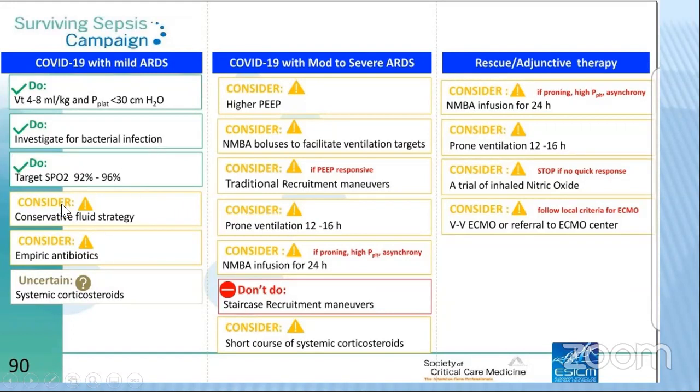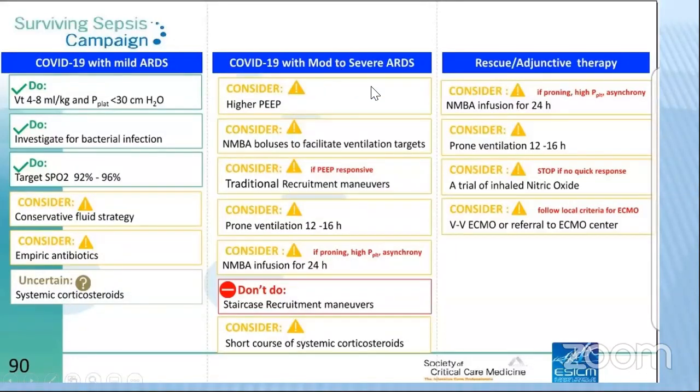Of course, the fluid management of patients with ARDS is a matter of debate, because the more you keep your patient dry, the more intravascular volume is depleted, which will compromise renal function, and those patients are liable to acute kidney injury and may need to start CRRT. As we mentioned, systemic steroids are a matter of debate.